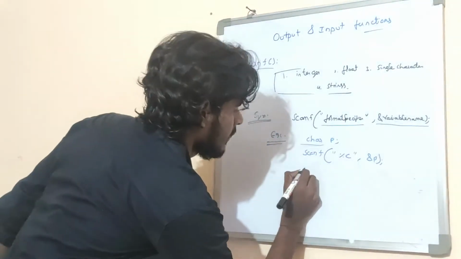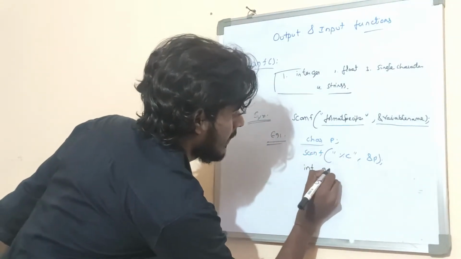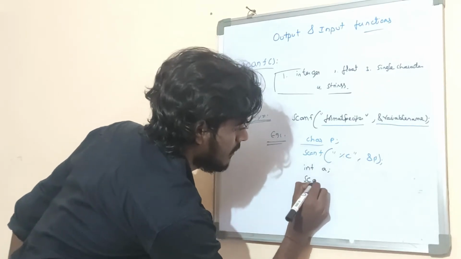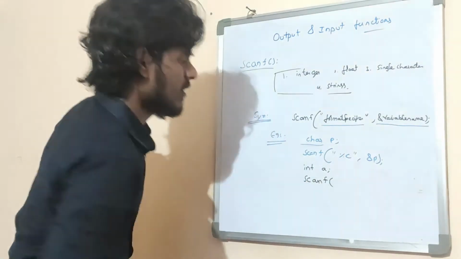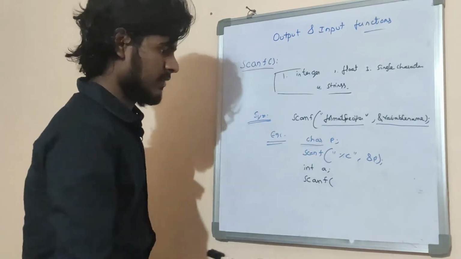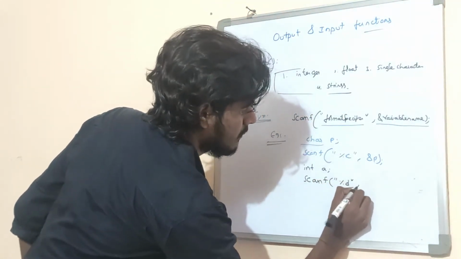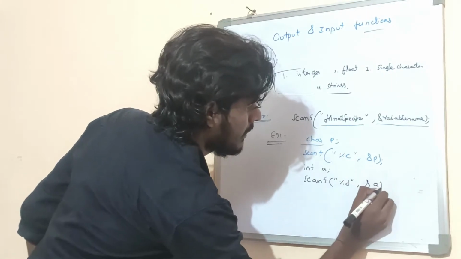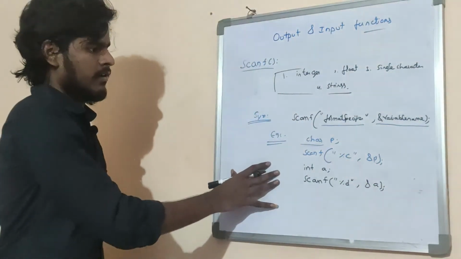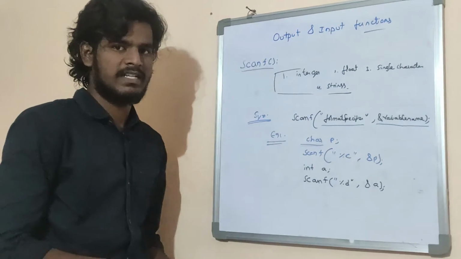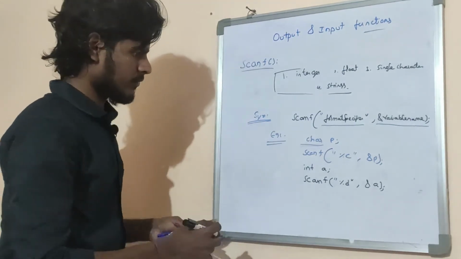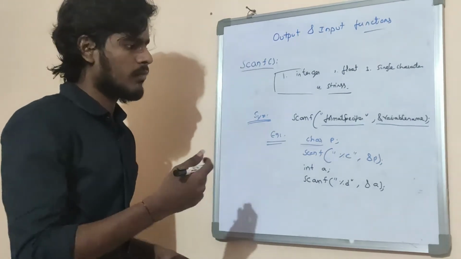Another example, int a, scanf. What is the format specifier for integers? %i or %d, and address of a. This is the format for the scanf function. Okay, what is the format for two or more variables?